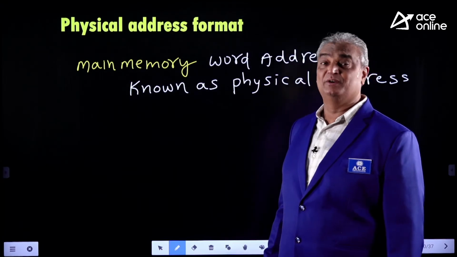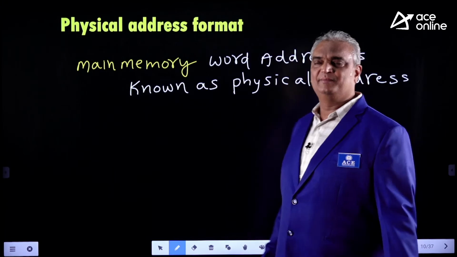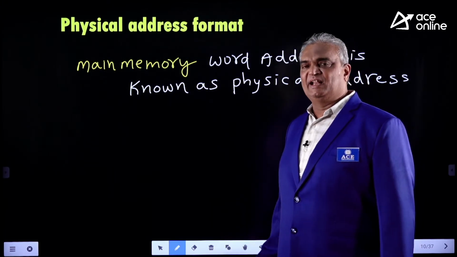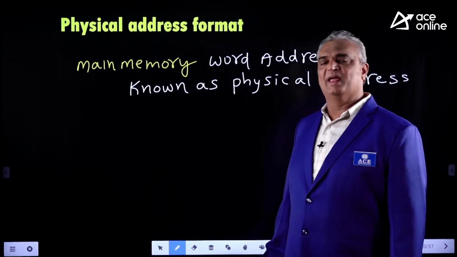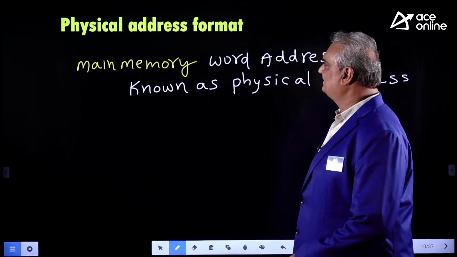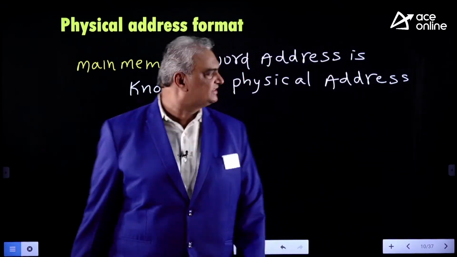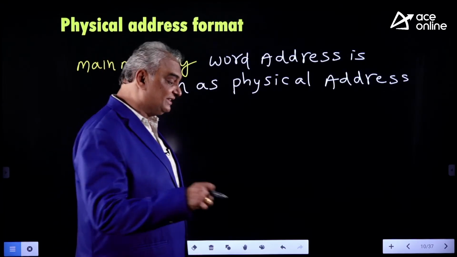What is the procedure to divide physical address into different fields? Here, there are three types of mapping techniques: direct mapped cache, block set associative mapped cache, fully associative mapped cache. First of all, main memory word address is also known as physical address. What does it mean?